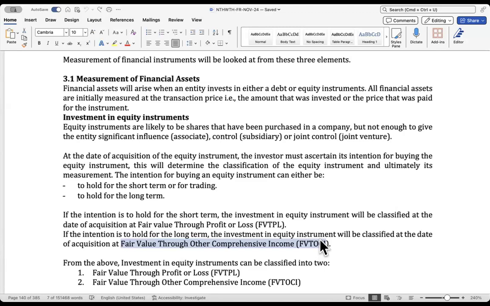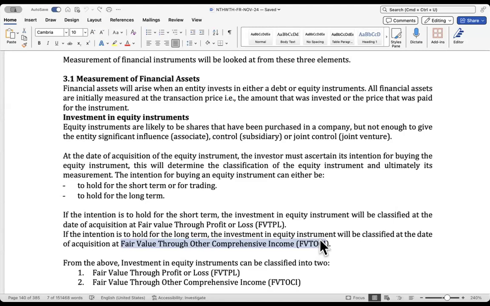You will call it either financial assets at fair value through P/L or financial assets at fair value through OCI. So when you are crediting bank, you are going to be debiting financial assets at fair value through P/L or financial assets at fair value through OCI.